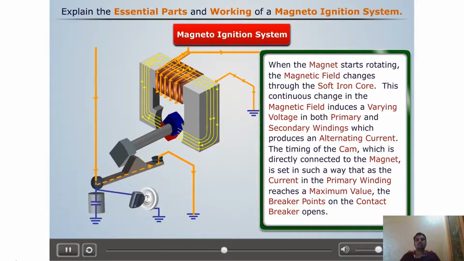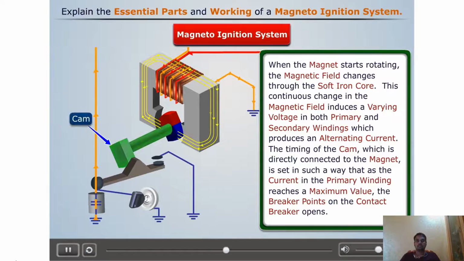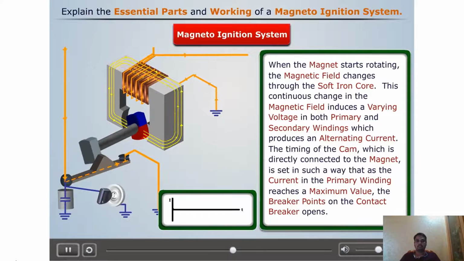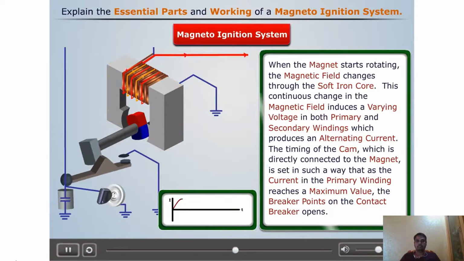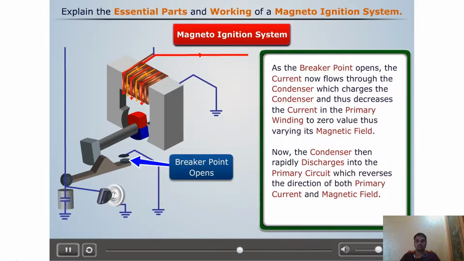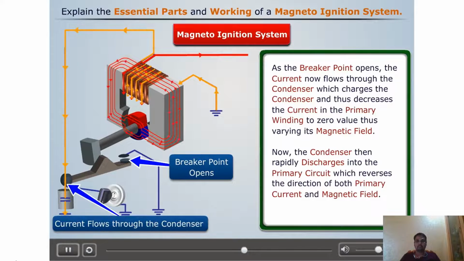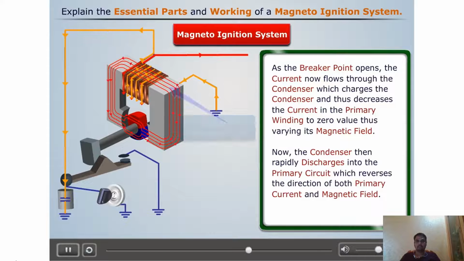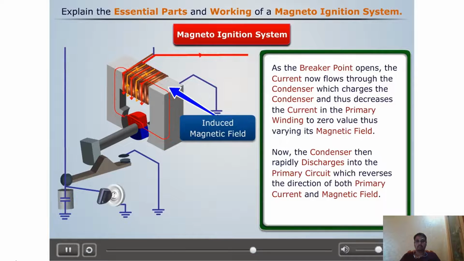The magnet is connected directly to a cam, which is timed in such a way that as the current in the primary winding reaches the maximum value, the breaker points on the contact breaker open. As the breaker points open, current now flows through the condenser and starts charging it. Thus, current in the primary winding decreases to zero and varies the induced magnetic field.